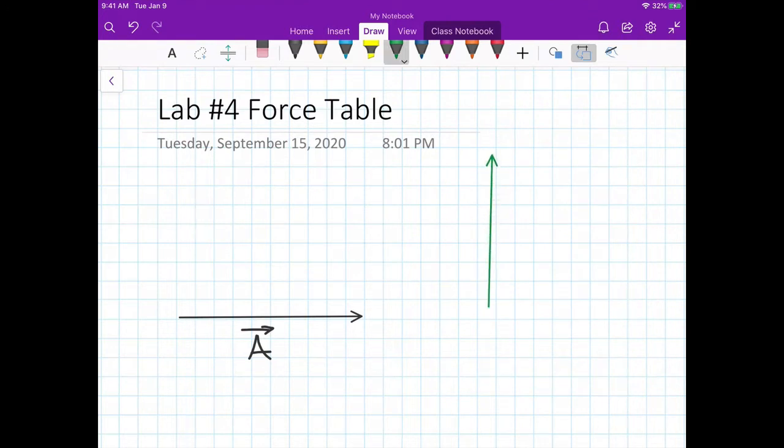Then if someone asks you to find vector A plus vector B, and let's assume the resultant vector is called R, using the graphical method what you do is have the two vectors, and the first thing you need to do is connect the vectors head to tail.